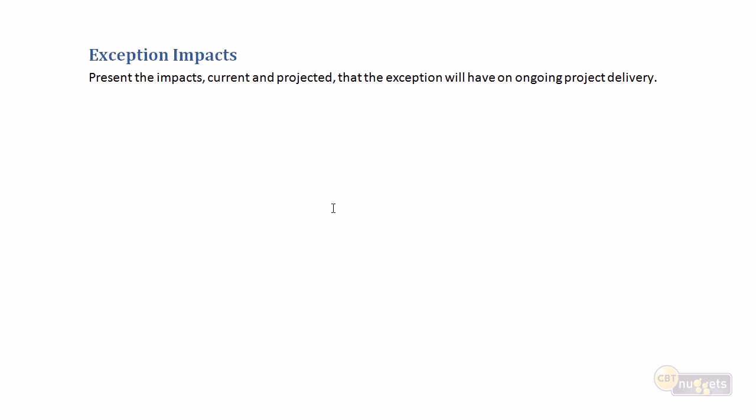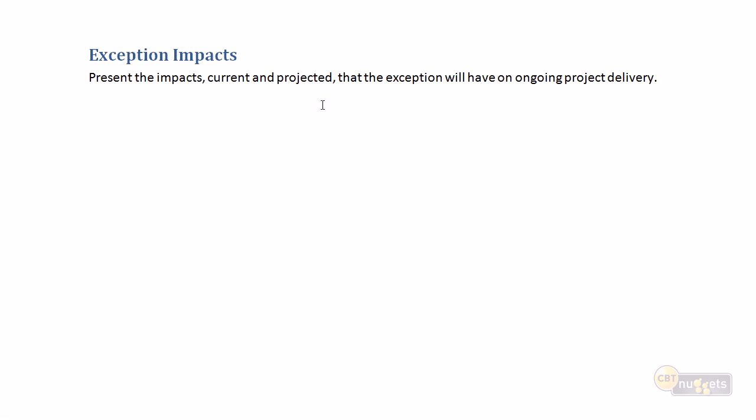And then obviously we need to understand the impacts of that. So for all of the causes and all of the impacts to the project, we're going to present all of the current impacts. So as a result of all of those problems that we just discussed, we know we're out of tolerance, and here is the impact of being out of tolerance. And we also want to look at the projected impacts.